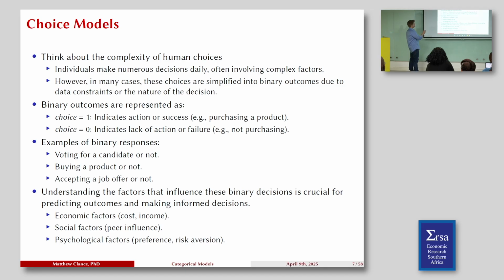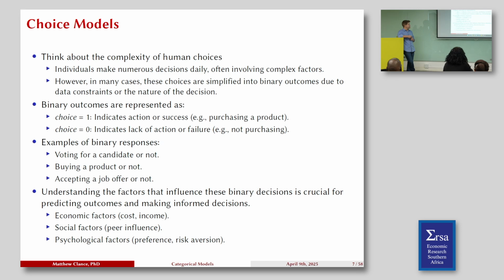well, it's just an additional type of way of analyzing to allow it to where it's not considered to be symmetric. So when we're thinking about this, we're going to think about the complexity of human choices. That's why we sometimes call these choice models. Usually if we're referring to the choice models, they like to usually throw just the logit in there. But like I said before, the probit typically is going to give very similar results. So individuals make numerous decisions daily, often involving complex factors.